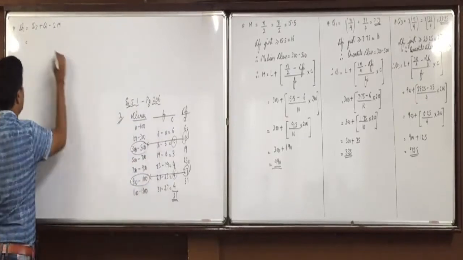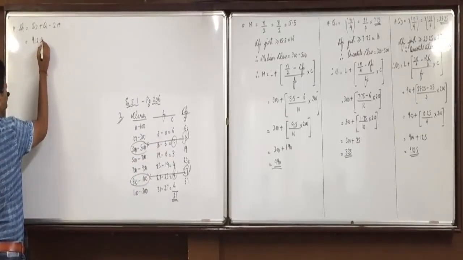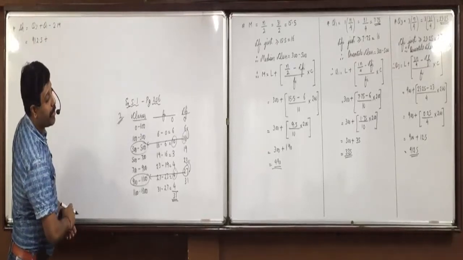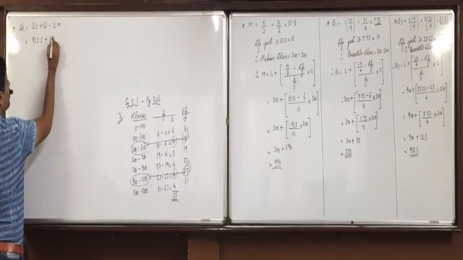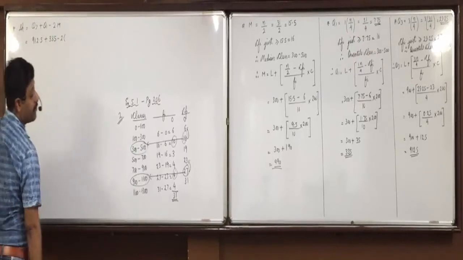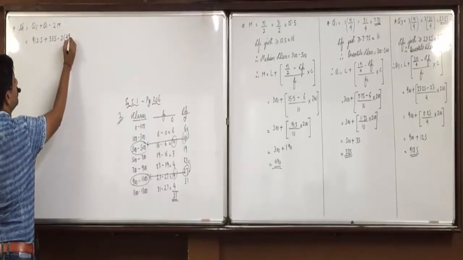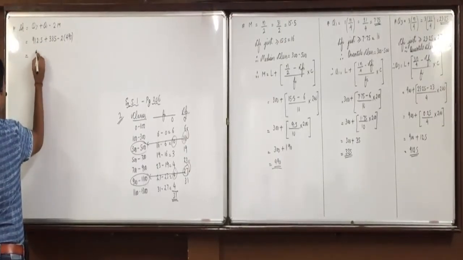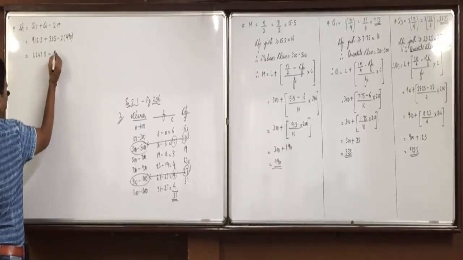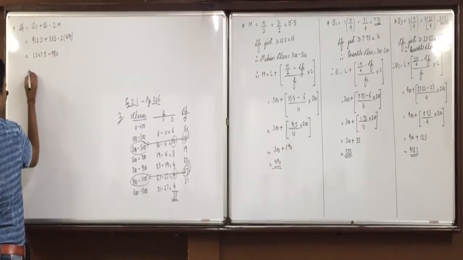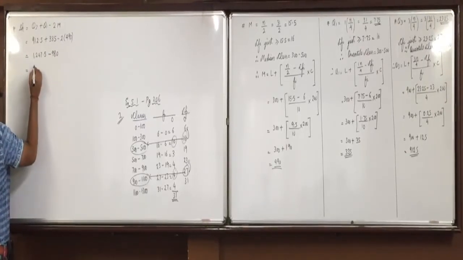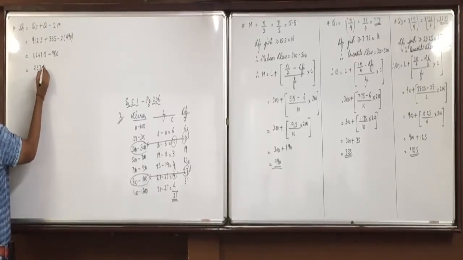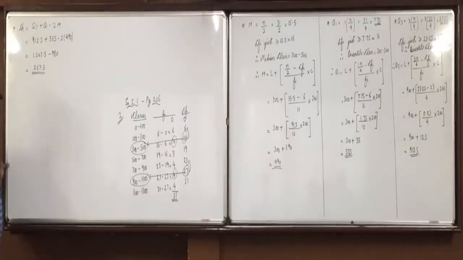Q3 we obtained 912.5 plus Q1 we obtained 335 minus 2 into M we obtained 490. So 912.5 plus 335, 1247.5 minus 2 into 490, 980. So 267.5. All of you are clear with this?